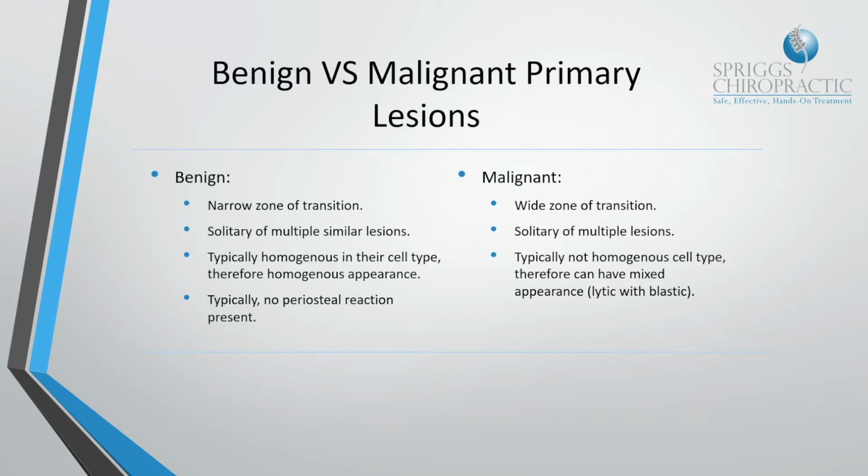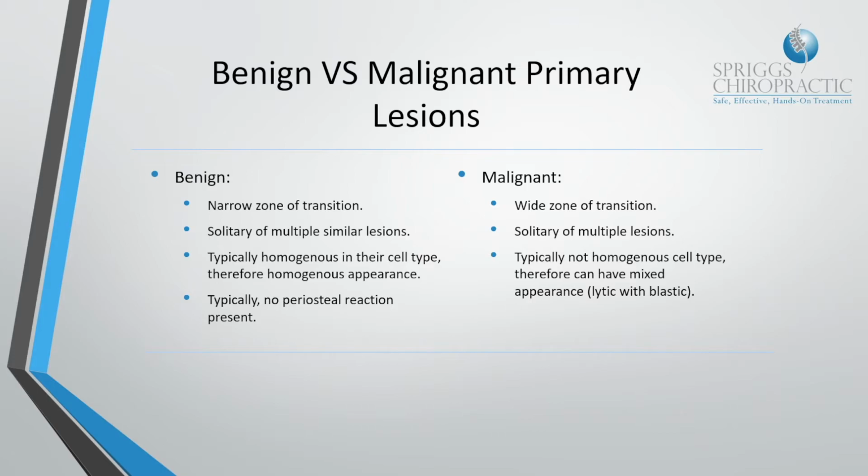Typically, and again I do say typically, a benign tumour process will not have a periosteal reaction present, because it's not invading through the cortical bone and taking the periosteum with it. You're not going to see the periosteum lifted in the majority of benign tumours. However, there are cases, and I'll show you one in a little while, where a giant cell tumour has expanded through the cortical margin and clearly taken the periosteum with it, and there is a periosteal reaction present.